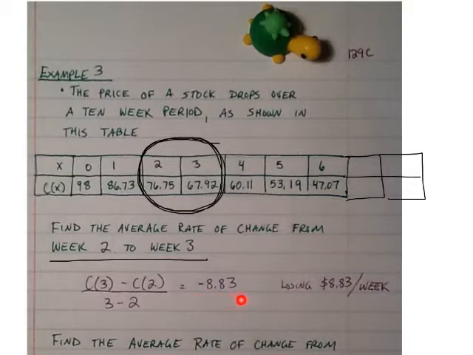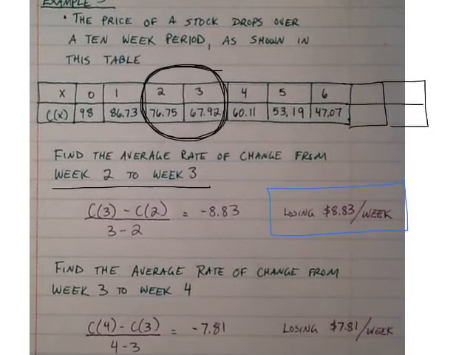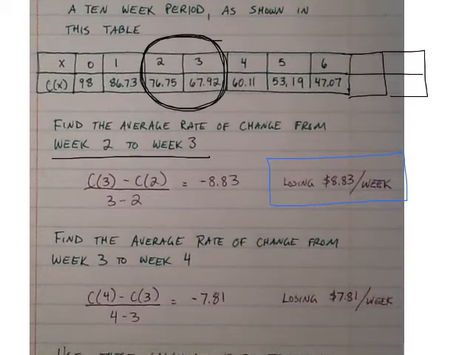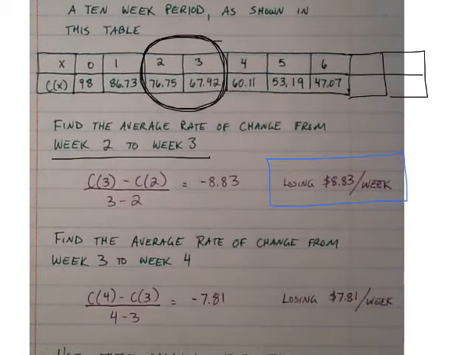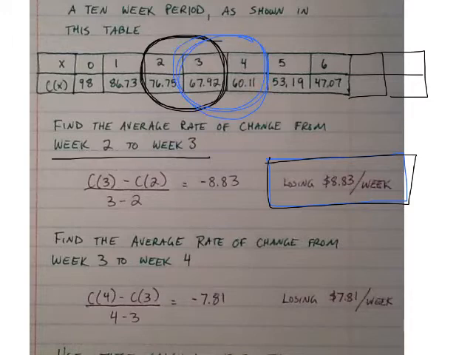And we find that the average rate of change is negative 8.83, which within the context of the problem means we're losing $8.83 per week on this particular stock. The problem continues and says, find the average rate of change from week 3 to week 4. So this time we're doing week 3 to week 4, so we're interested in these values.